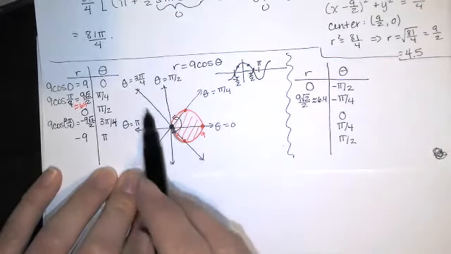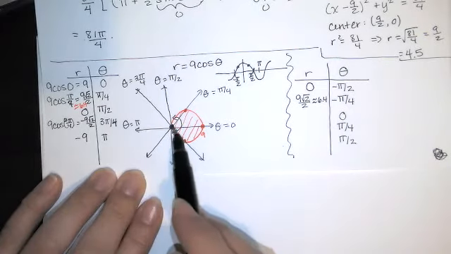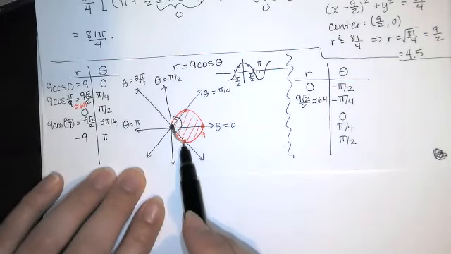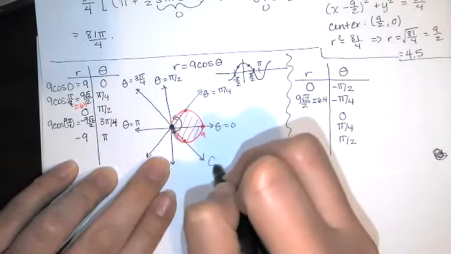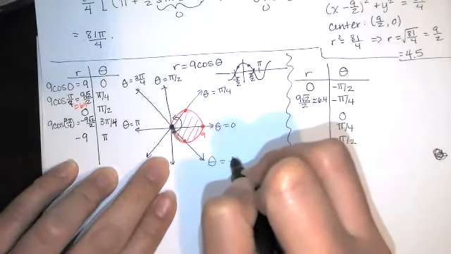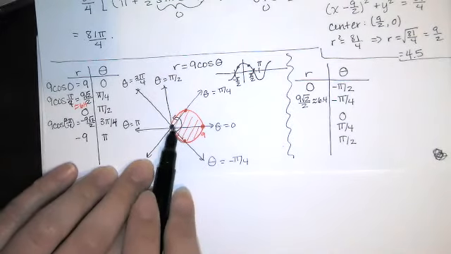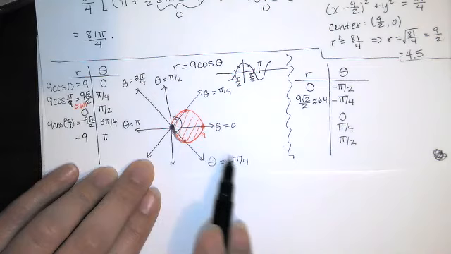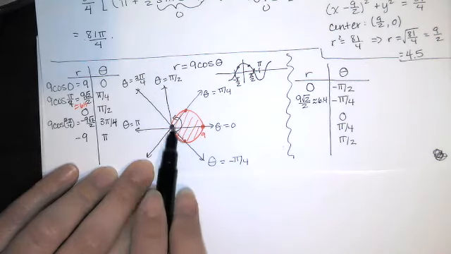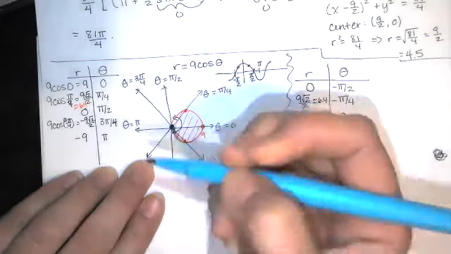Remember, this was theta equals 3 pi over 4, and then we went backwards about 6.4 units to get here. I can also think of that line as being given by theta equals negative pi over 4, and then I go positive 6.4 units in the direction of that value of theta. If R were negative when theta had this value, I'd have to go backwards, but since R is positive, I go forwards and I end up there.